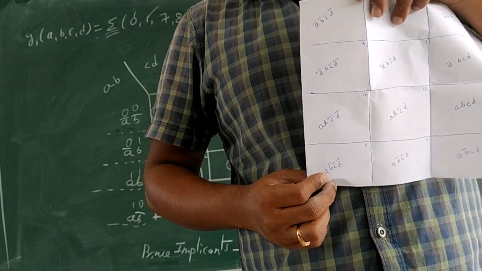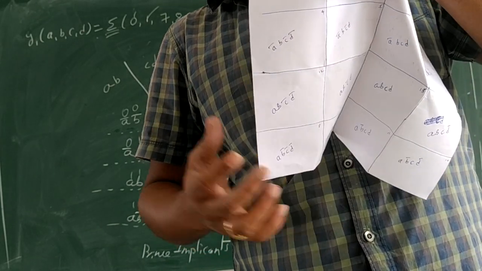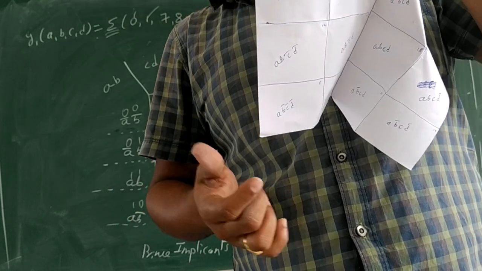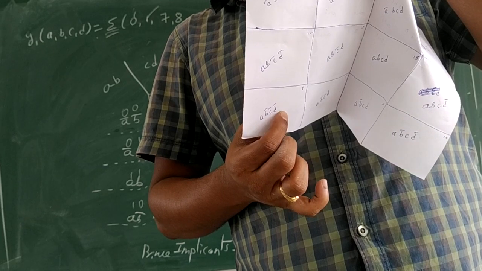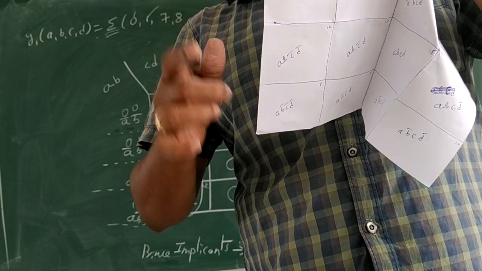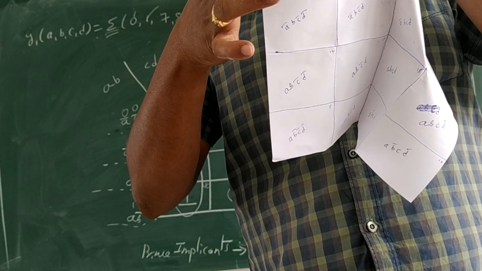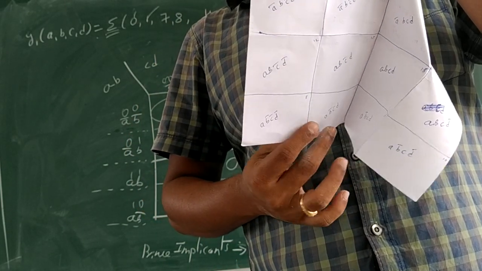So now you compare the functions between 0th and 8th. A bar, B bar, C bar, D bar and A, B bar, C bar, D bar. How many differences? Only one, that is A bar and A. B bar, C bar, D bar is again the same.